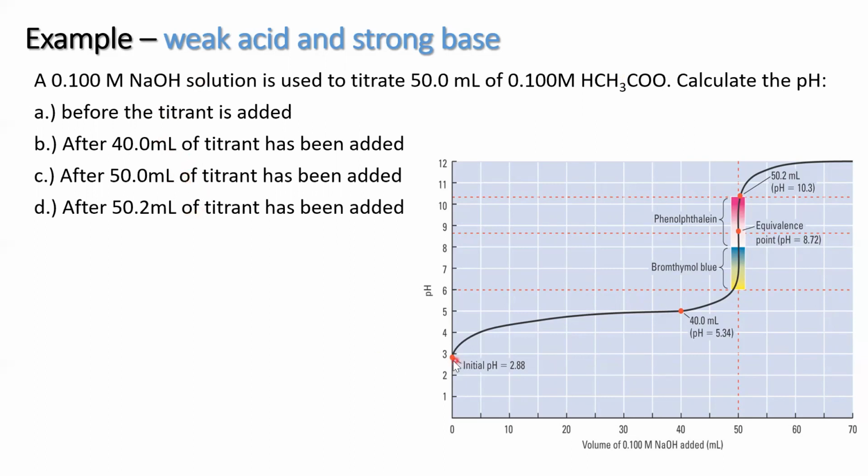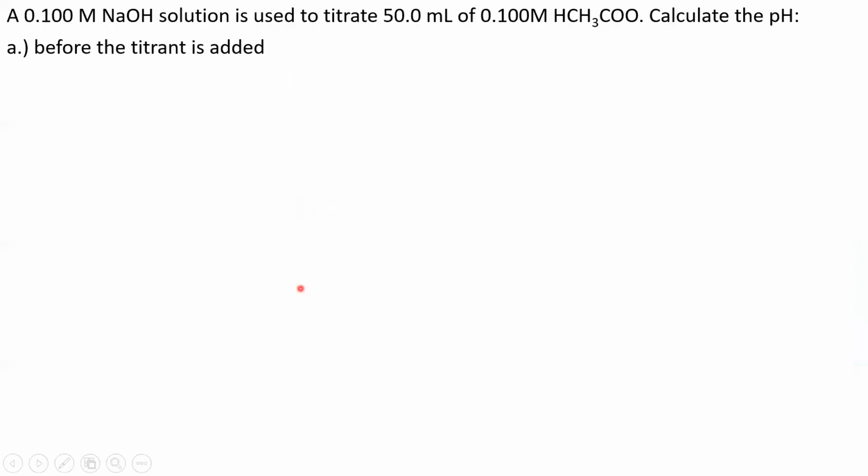Okay, we're going to figure out what the molarity is before the titration starts, what it is after we add 40 milliliters, what it is after we add 50 milliliters, and 50.2 milliliters. Before we add any titrant, this is what we have in the solution, but acetic acid is a weak acid.